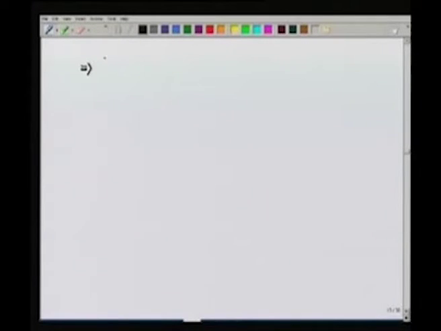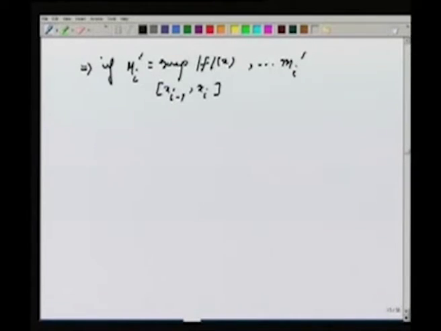So this then implies, if M_i prime is equal to the supremum of mod f(x) over the set [x_{i-1}, x_i] and correspondingly m_i prime, then M_i prime minus little m_i prime is actually less than or equal to capital M_i minus little m_i.